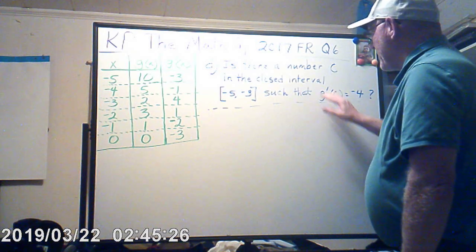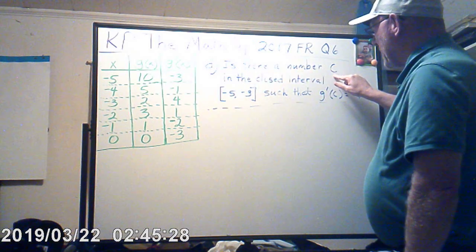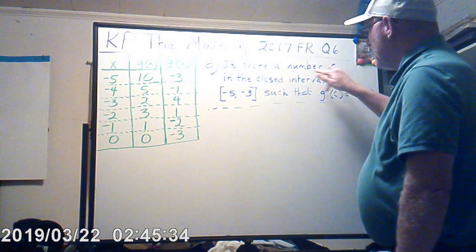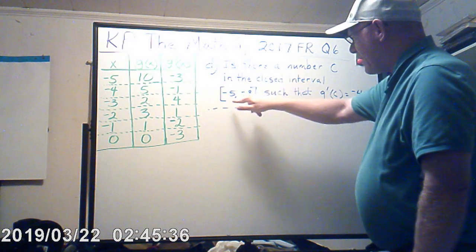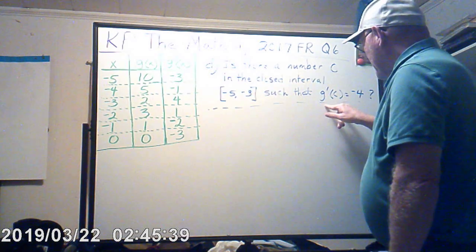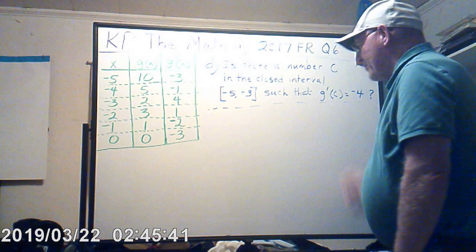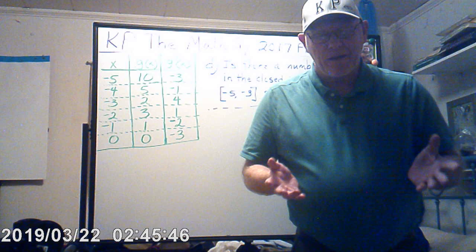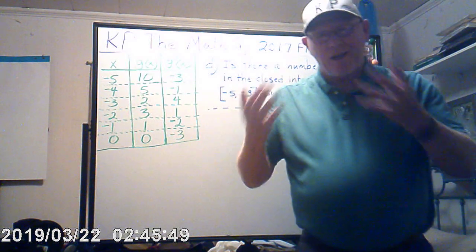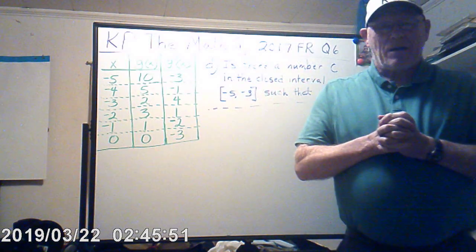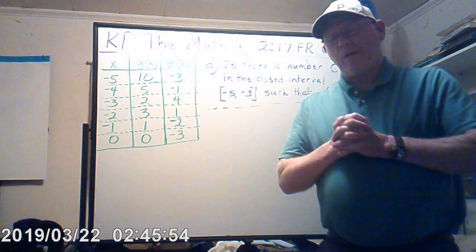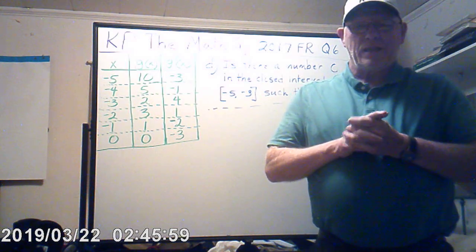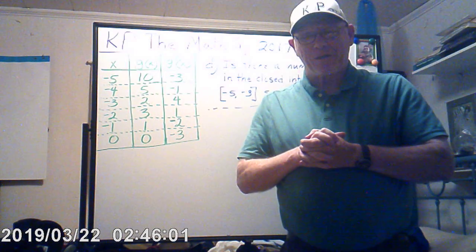When I see a number C in some closed interval, and g prime at C equal to -4, for those of you who might know this, think about it. I wish you could tell me out loud what it is. Well, if you are thinking of something called MVT, you are exactly correct.